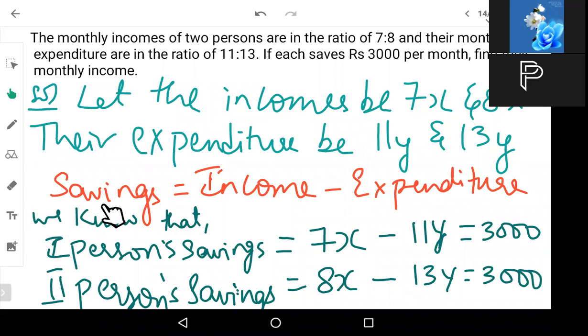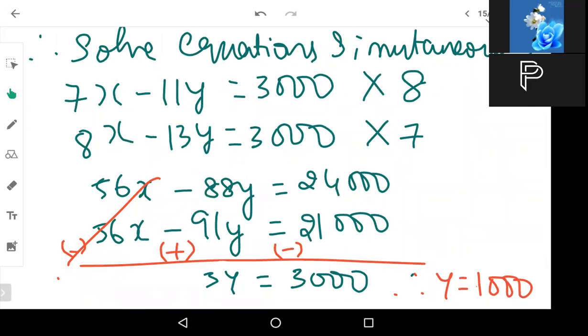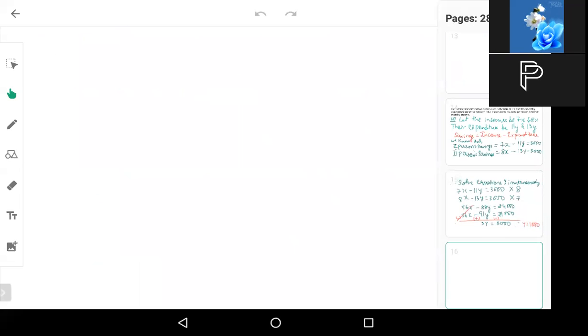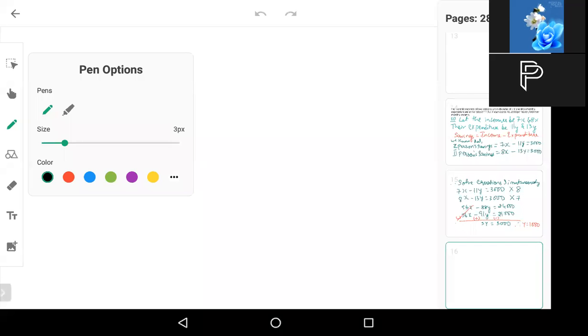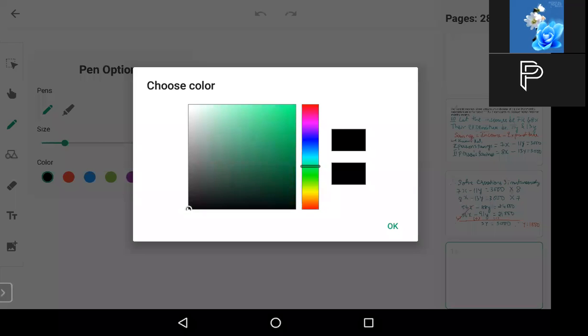So these two equations will become the simultaneous equations, and we solved them and we got the value of y. So let us find the value of x. Now substituting that y in one of the equations will give us the value of x easily.